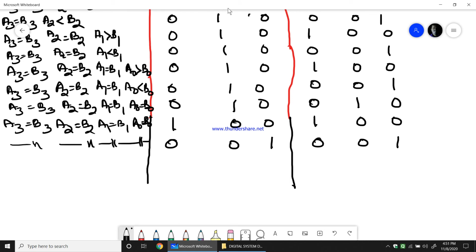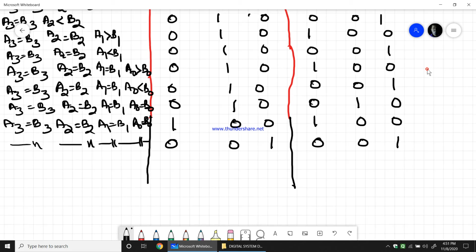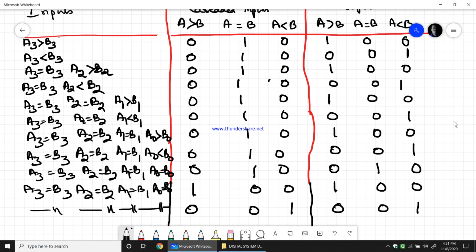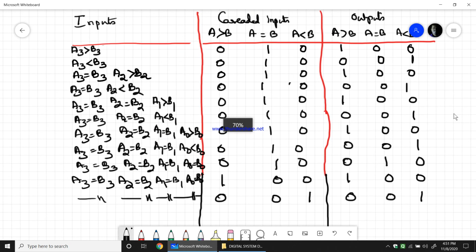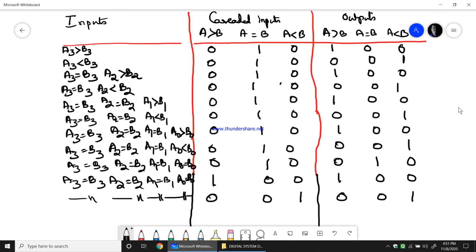Now this truth table, whatever I have written, is the table for a 4-bit comparator. If the MSB is greater, then it works A greater than B or A less than B. When MSB is equal, it goes to the second MSB, and it goes with three conditions in terms of the second MSB.